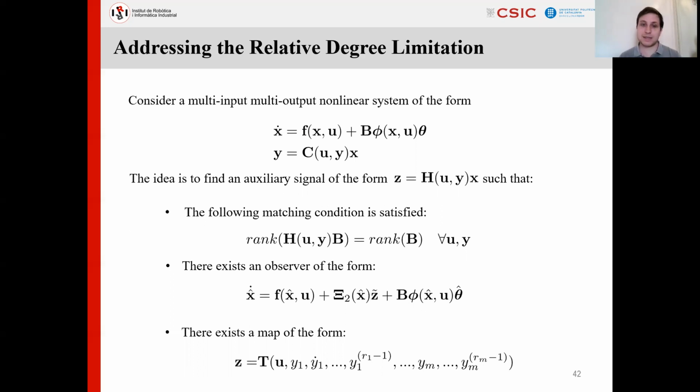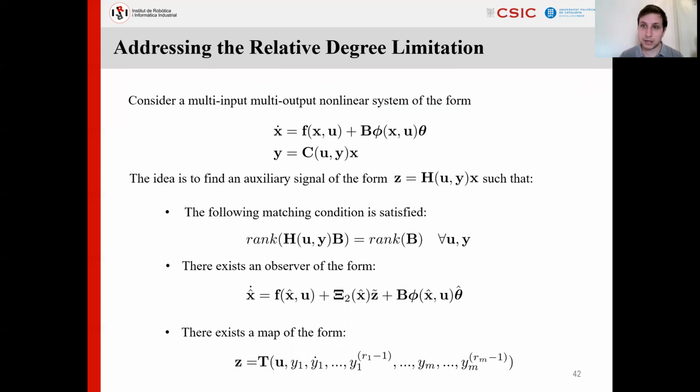Second, that you can design an observer taking the auxiliary signal as the measured output. And finally, that there is a map T that relates the output and its derivatives up to some degree with the auxiliary signal. So with the first two conditions, you are saying that you can design a direct adaptive observer taking the auxiliary signal as the measured output. And with the last condition, you are saying that you can robustly estimate the auxiliary signal through a Huygens observer.